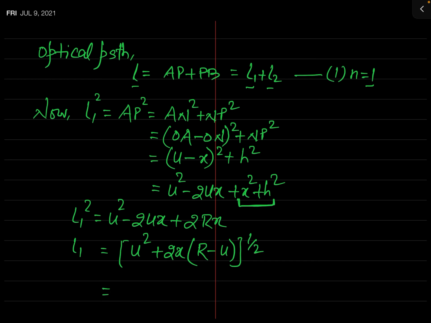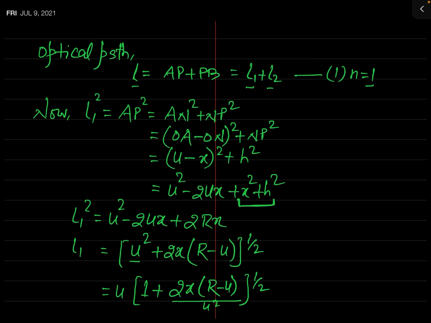Now take this u square as a common factor. Since it is inside the square root, when you take it outside of the square root, that will be u. So this is u times 1 plus 2x times r minus u over u square, whole to the power half.